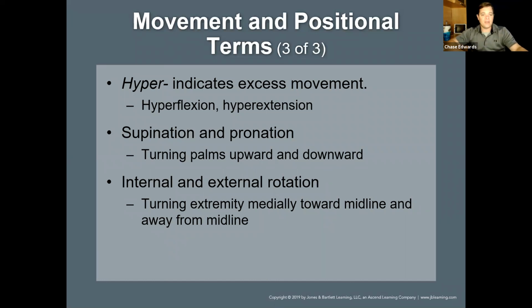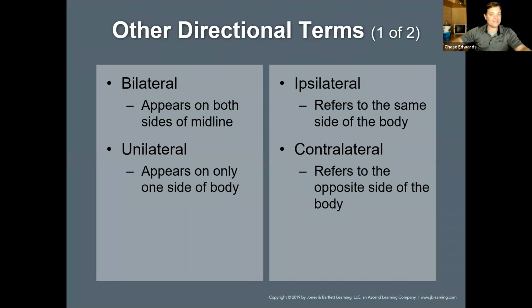Okay. Internal rotation, turning the anterior portion of the extremity towards the midline. So internal rotation this way, right? Bringing it in. This is so weird doing it on the camera. External rotation, all right, away from the midline. Probably looks like I'm up here dancing.